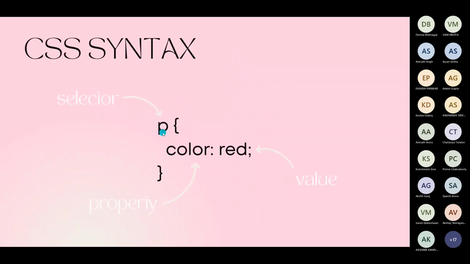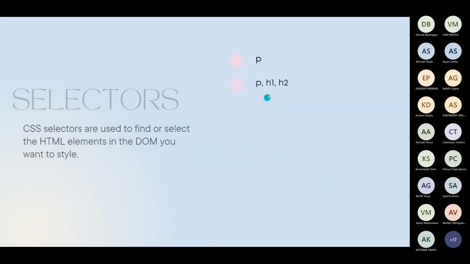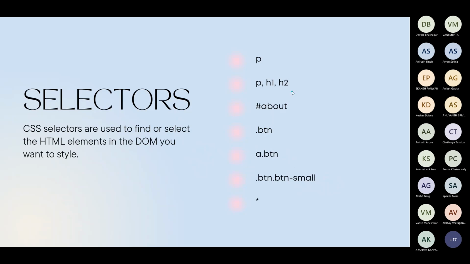So let's go back a slide. Instead of p here, we'll have p comma h1 comma h2 and then followed by this rule set. So that means this particular rule set will be applied to all the three tags. So all the h1 and h2 elements will also be red along with the paragraph elements.